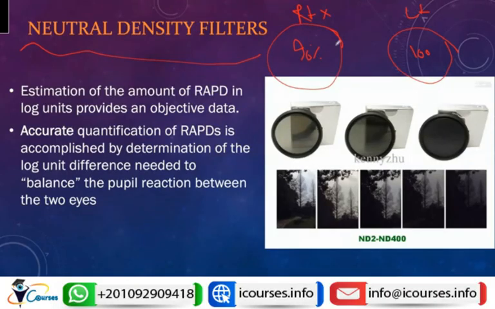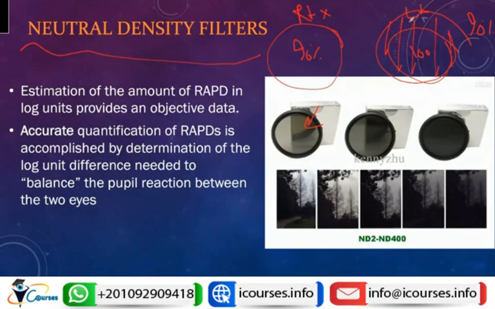So in order to grade how much damage there is in the right eye, we can decrease the amount of light that will enter the normal eye. This filter has different grades of shading or darkening. So we can put this filter in front of the left eye, decreasing the amount of light entering the left eye, so it will be about 90%.